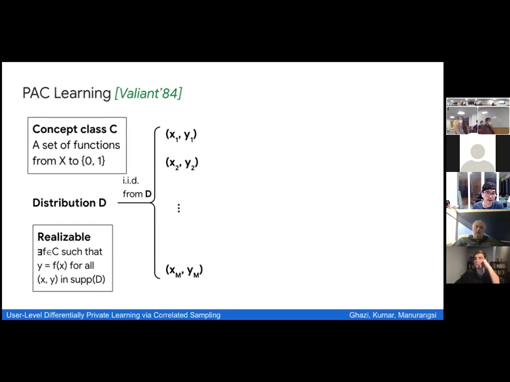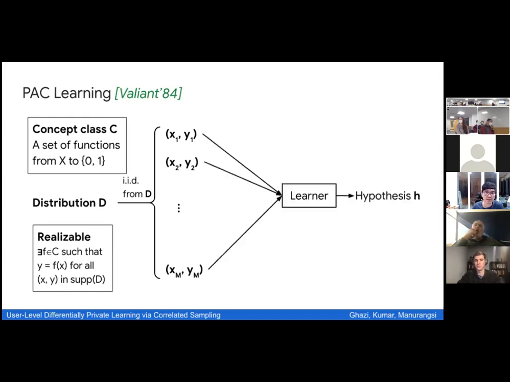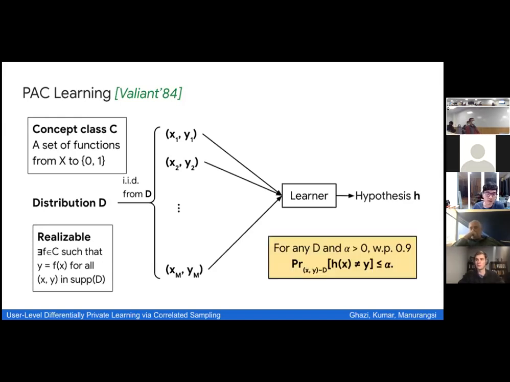The algorithm accesses D through samples, and here we denote them by (x1, y1), and so on to (xm, ym). And once the learner, or the algorithm, sees these labeled samples, it needs to output a hypothesis. And here, of course, we want our hypothesis to be mostly correct.